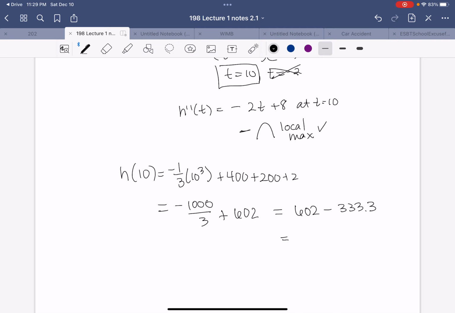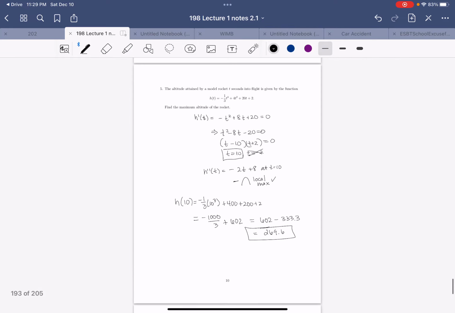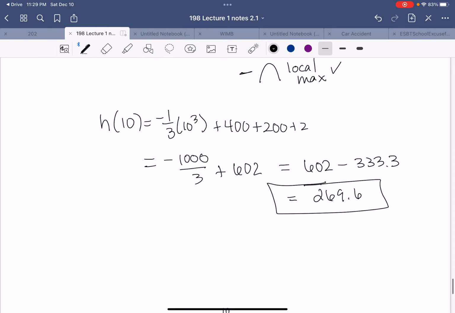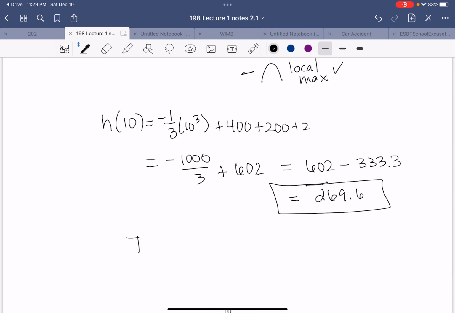So 269.6, I think, is what we're looking at, is our altitude. And do they give us units here? They don't. So it's in whatever units are given. So the max height is 269.6.